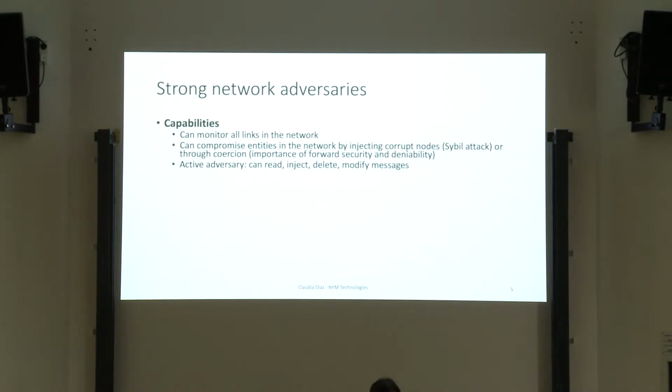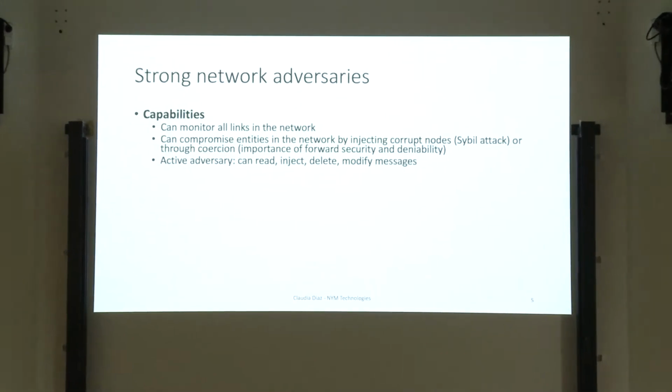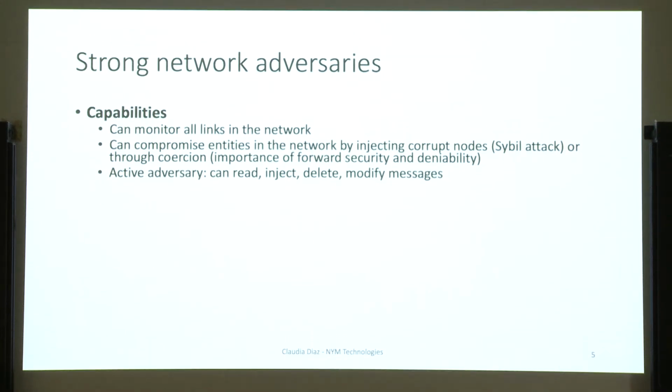They can compromise a subset of entities in the network, either by injecting their own nodes, which typically is difficult to prevent. This is what is called a Sybil attack, if they really take over by injecting a lot of them. Or maybe they are not able to introduce their own nodes, but they can coerce existing nodes, or compromise them into leaking their keys so that they can access the internal information of that node. And we typically consider active adversaries that can read, inject, delete, and modify messages. So this is a pretty powerful adversary.